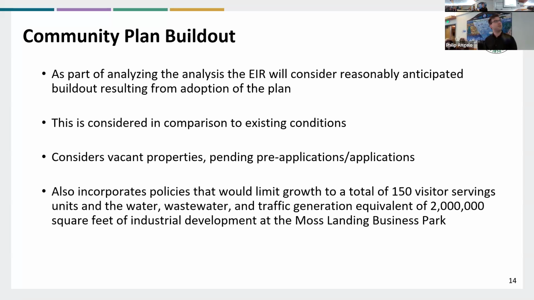The major applicable policies for this are a policy in the plan that allows up to 150 visitor serving units within the plan area, and a policy that would allow the water, wastewater, and traffic generation equivalent of 2 million square feet of industrial development at the Moss Landing Business Park.